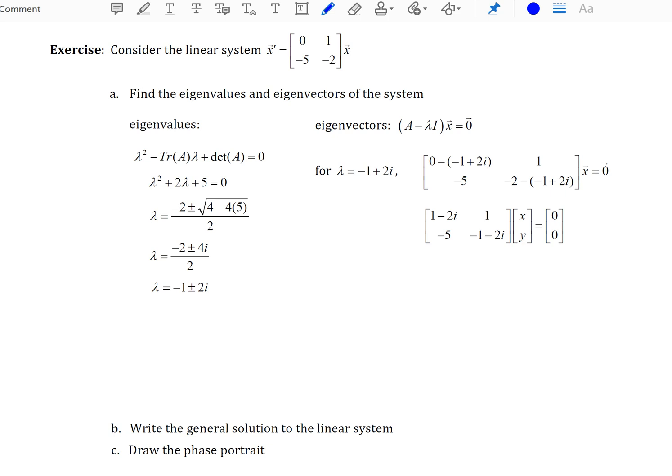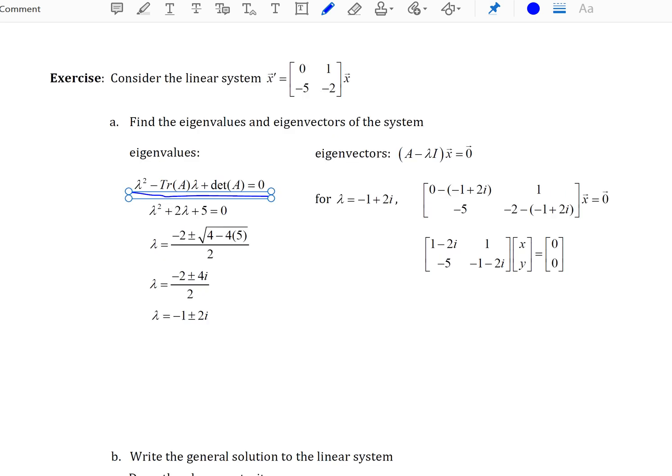Now I like using the trace determinant approach to find your eigenvalues. That your eigenvalues must satisfy lambda squared minus the trace of A times lambda plus the determinant of A. Where here, recall that the trace of your matrix must be the sum of the elements on your main diagonal.